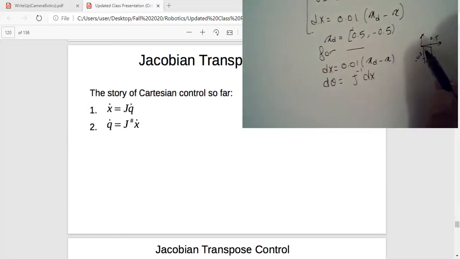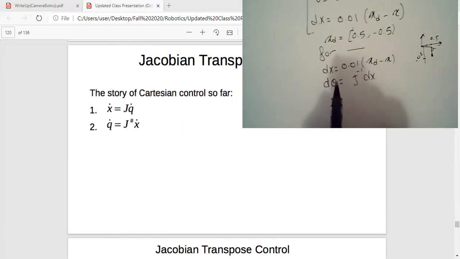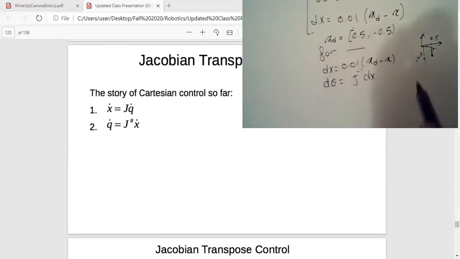I'm trying to find what is the value of theta 1, what is the value of theta 2. So this is my desired x, right? And this is independent of the DH parameters, by the way. Whatever forward kinematics you are using, this will work on it. So this is my dx, right?